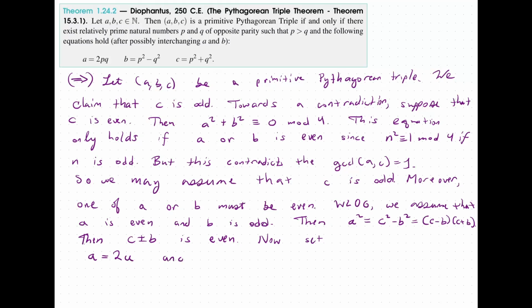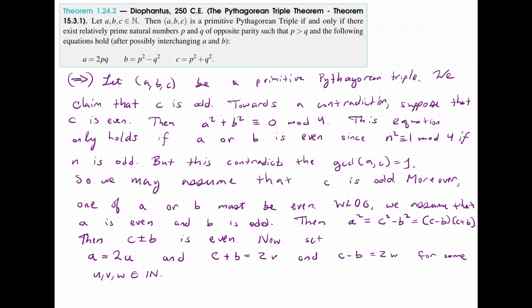And similarly, we're going to take C plus B to be 2V and C minus B to be 2W, for some U, V, W in the natural numbers.